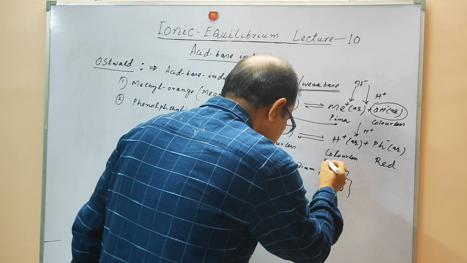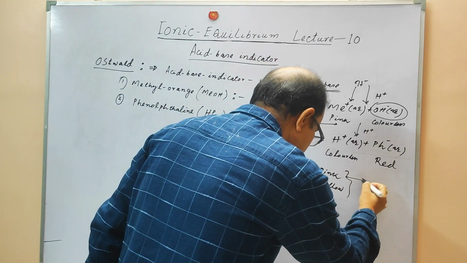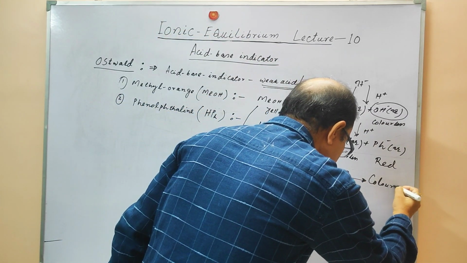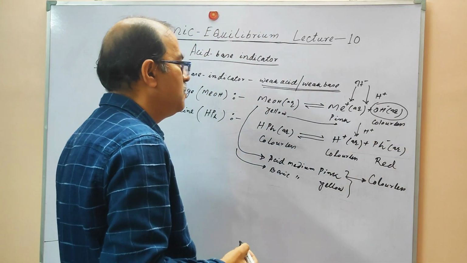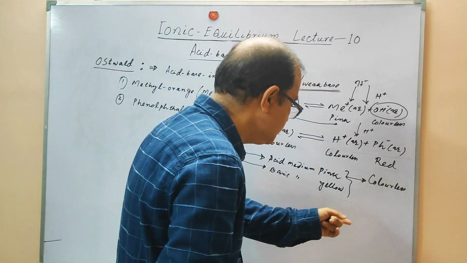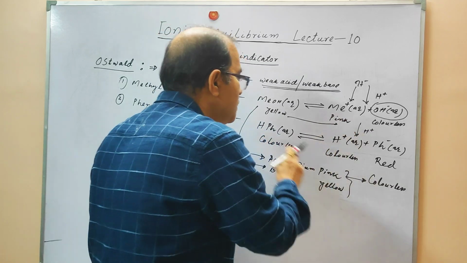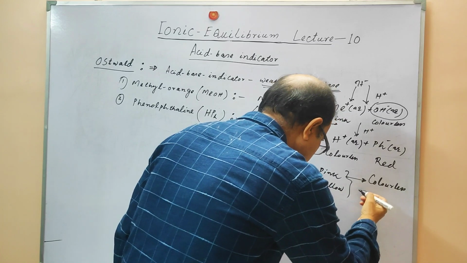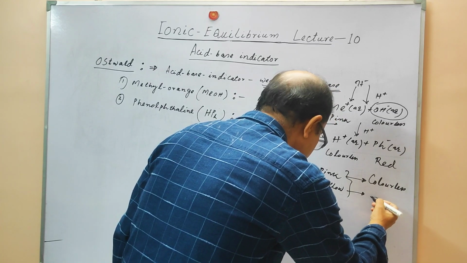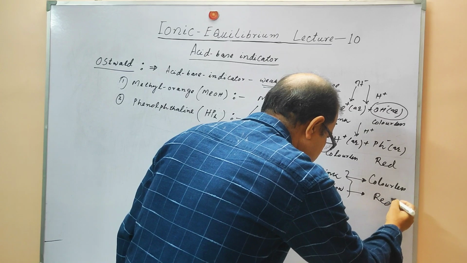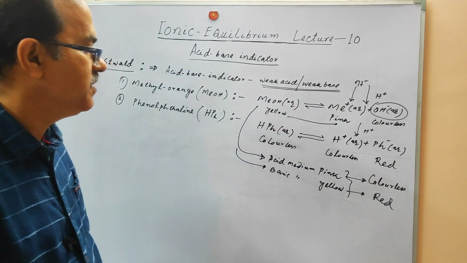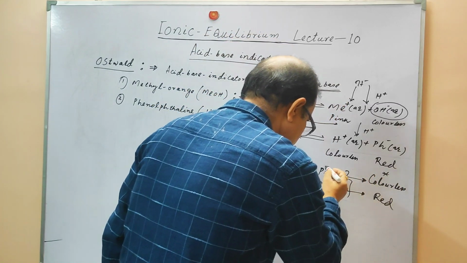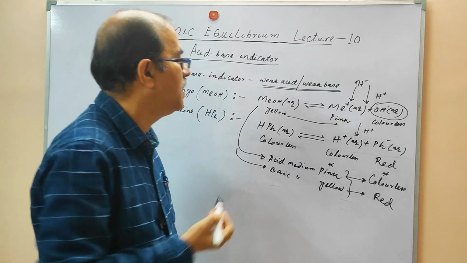So in the acid medium, phenolphthalein will be colorless, and when it is in the basic medium, the H plus will be consumed, so the reaction goes in the forward direction, and in the basic medium it will become red. In the basic medium it is red, and in the acid medium it is colorless for phenolphthalein. This is for phenolphthalein, and this is for your methyl orange.